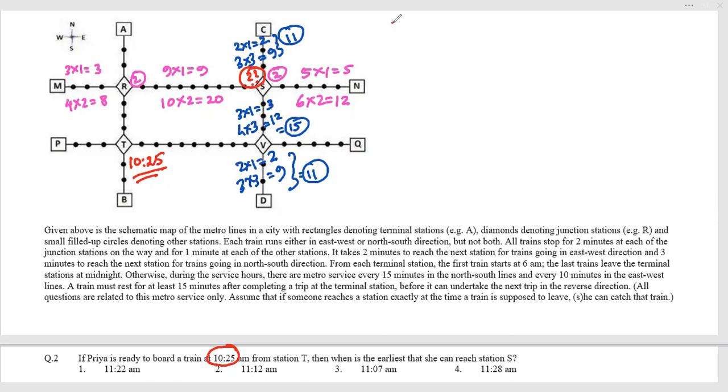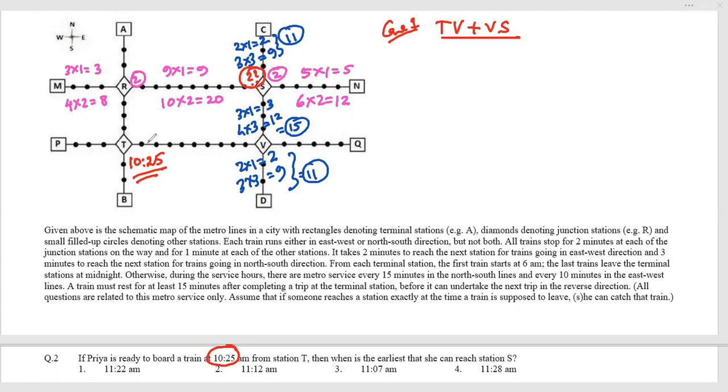Let me take case one. Case one, if I am taking TV plus VS location, TV and VS. At T, what time? At 10:25 Priya is here.